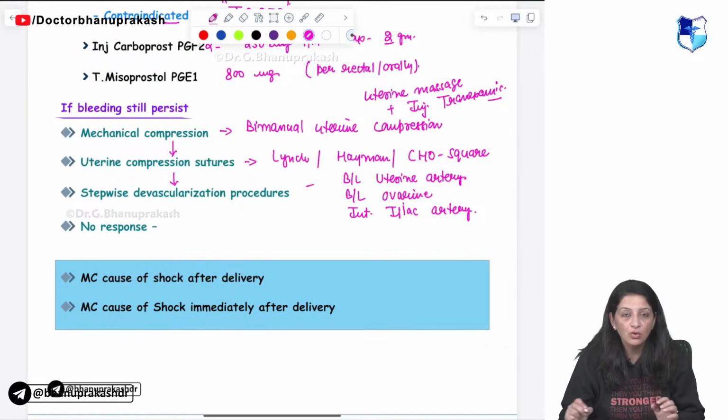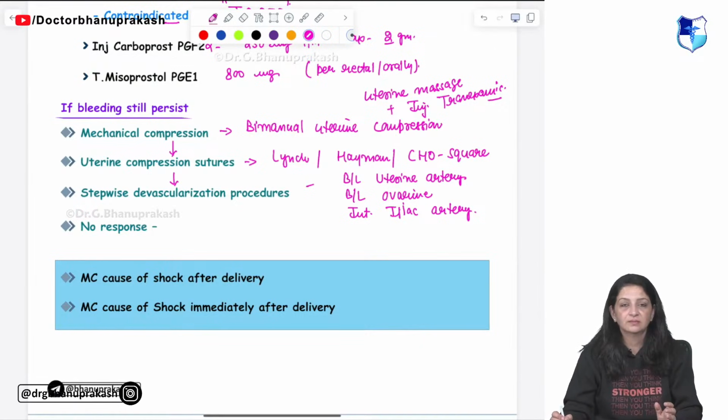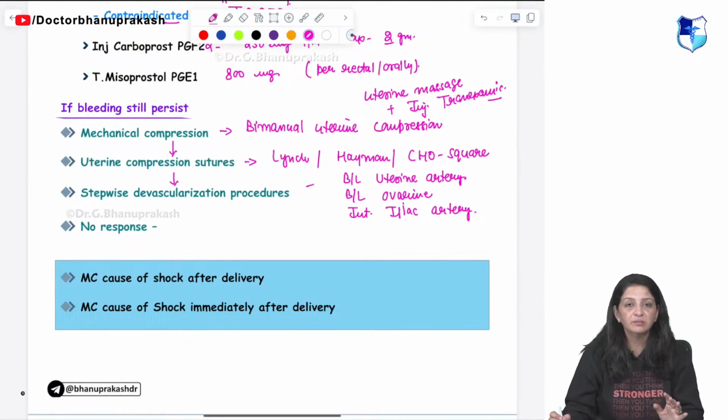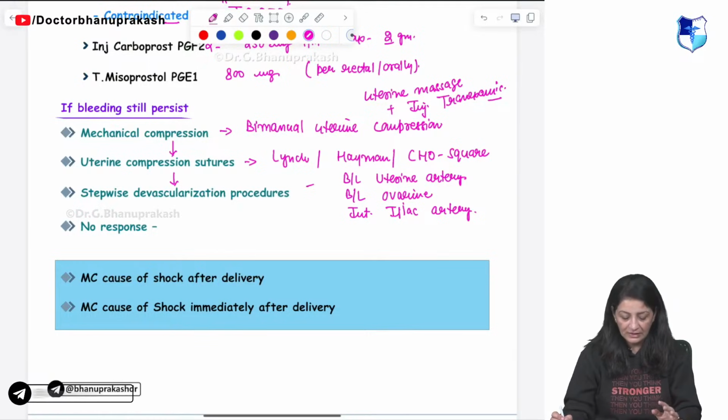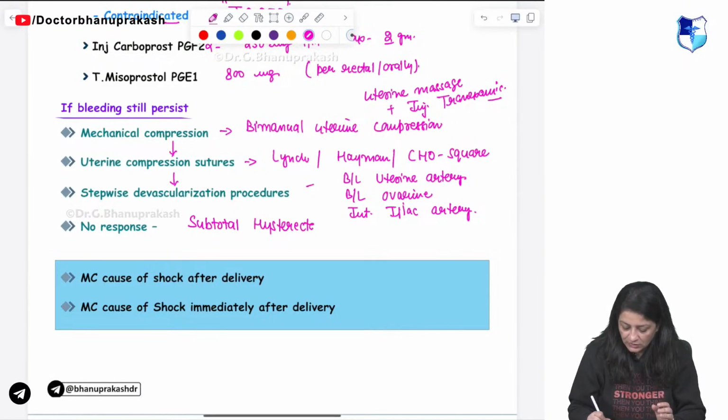But if there is no response, failed medical treatment, failed surgical treatment, then the next step is subtotal hysterectomy. So this is the treatment of PPH.